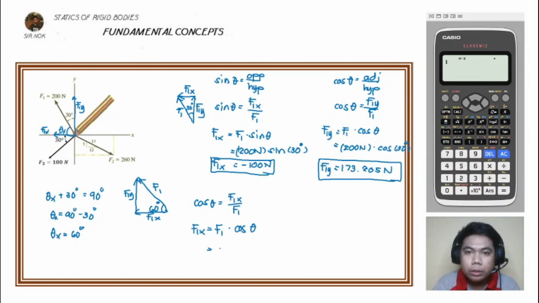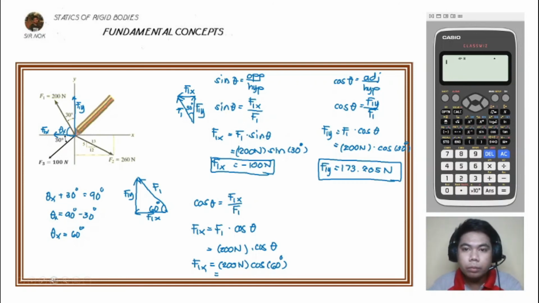So F1 is 200 newton times cosine theta, so F1x is equal to 200 newton times cosine 60 degrees, so that is equal to 200 times cosine 60.